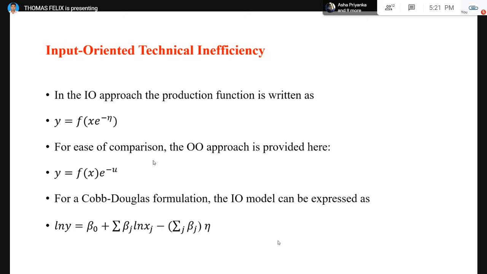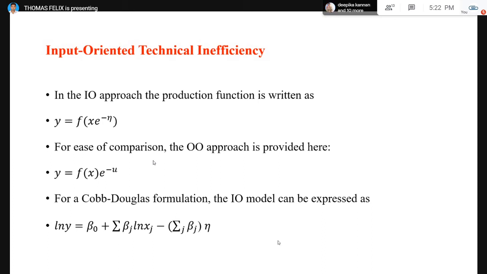After predicting the inefficiency term, we have to adjust it with the return to scale. Return to scale is nothing but adding the coefficients of all the terms, for example the coefficients of fertilizer, seed, and manure. We add all the coefficients except the intercept, and by adding them we get the return to scale value.